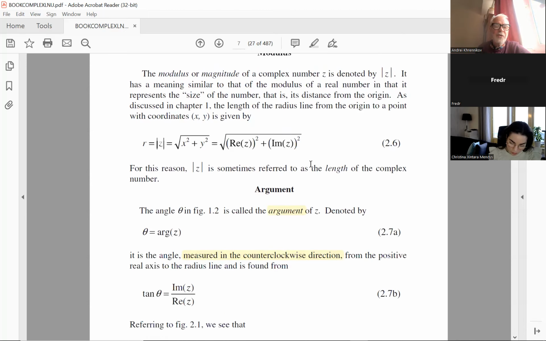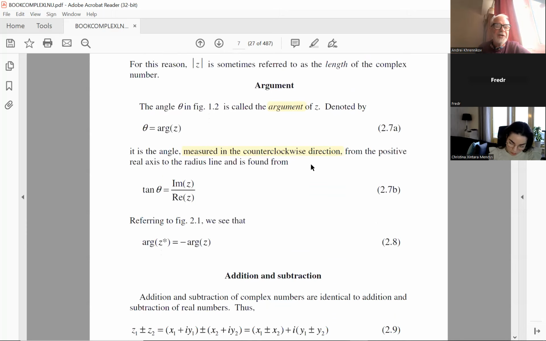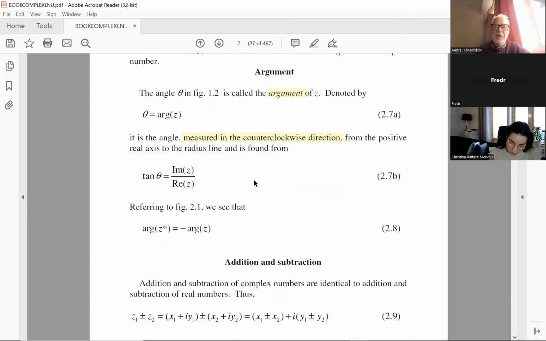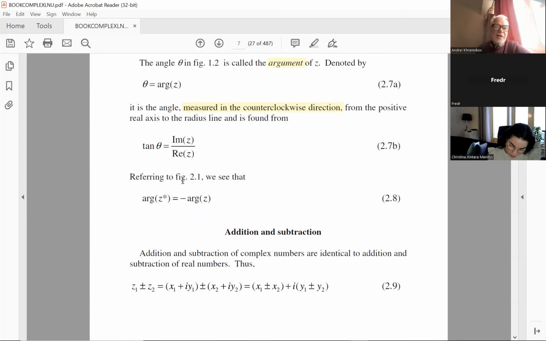So go further: modulus, argument. How do we find the argument? We can easily find the tangent of theta, it is y divided by x. Algebraic operations are very simple.